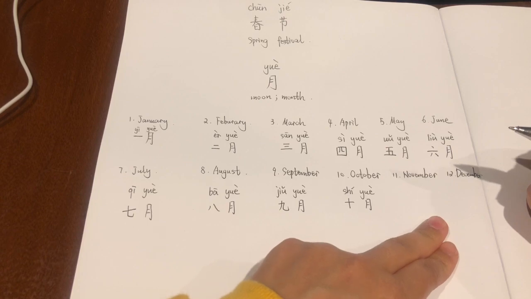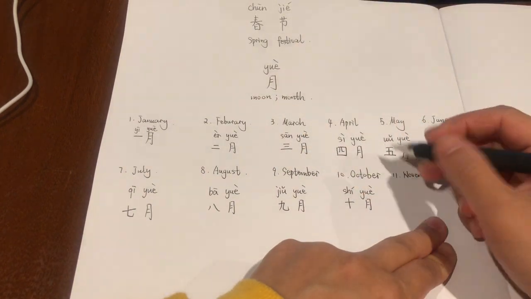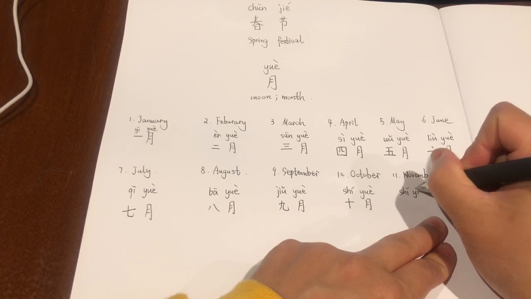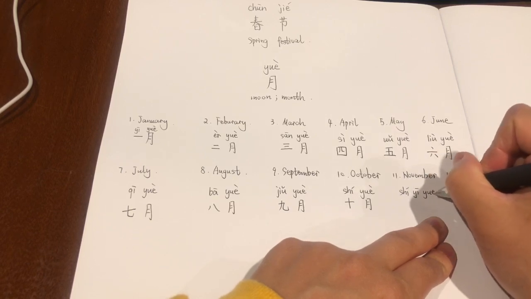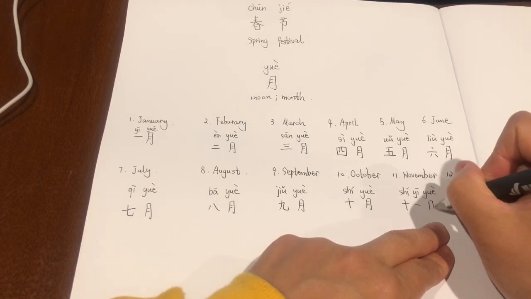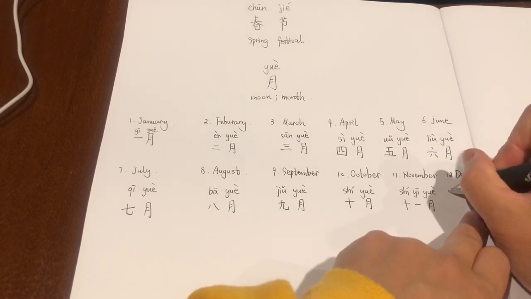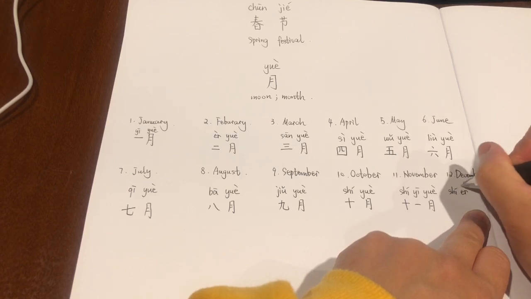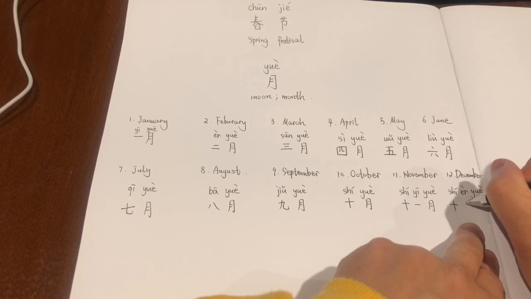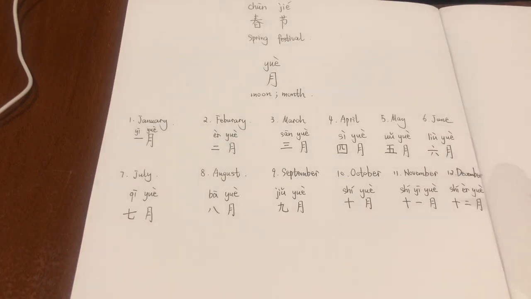Okay, so I think we need the number 10 and we need the number 1. 10 and 1, and then 月. 10 1 月. And lastly, December 12 is 10 and 2 and 月. Therefore 12月. Okay, all done.